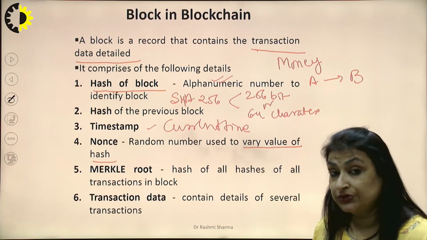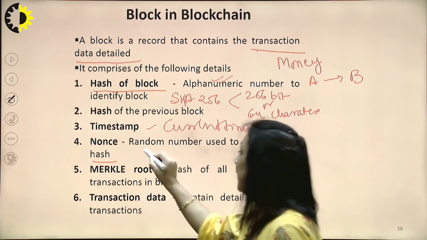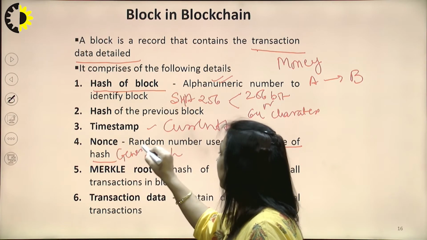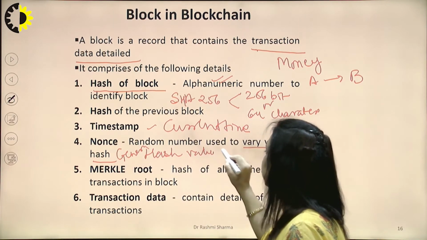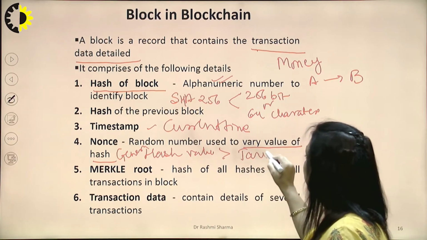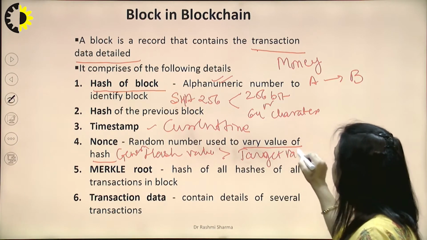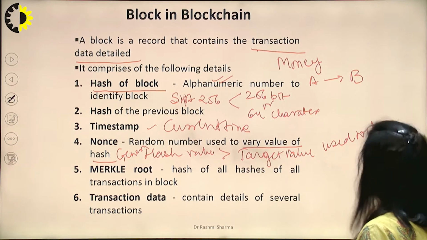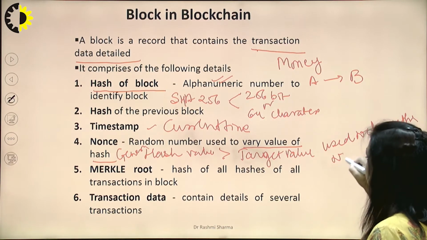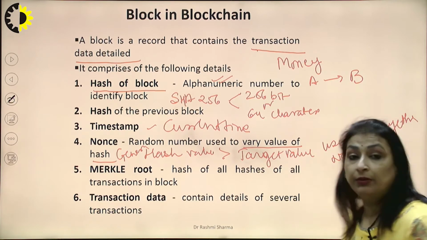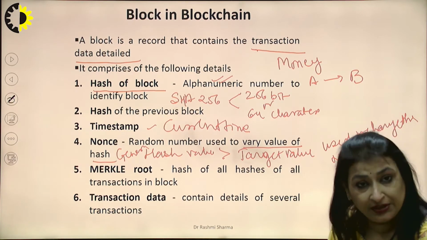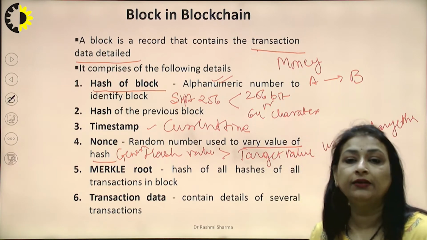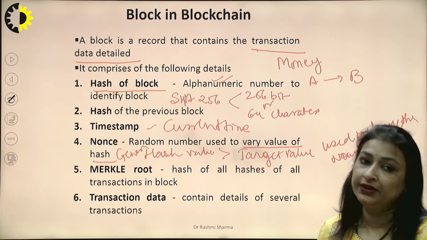The use of the nonce was: if our generated hash value is greater than the target value, then we change the nonce. So the nonce is a random number which we have to change when the target value is less and the hash value which we have generated is greater.